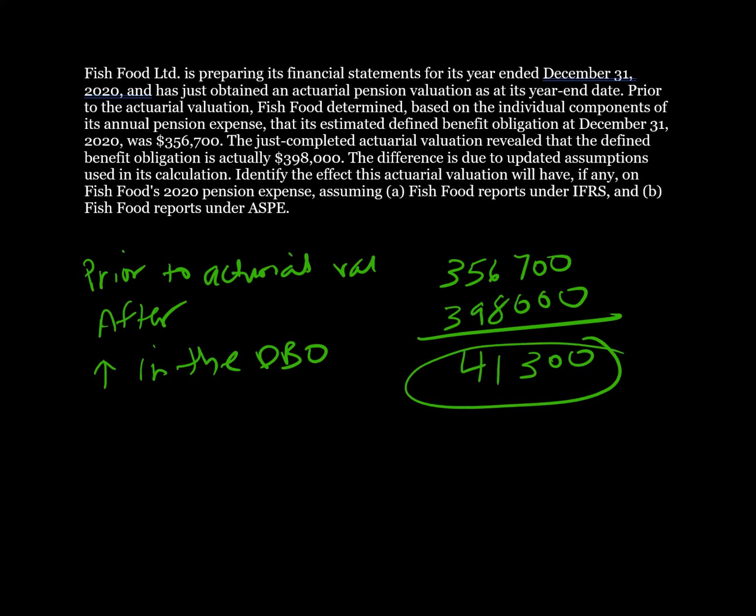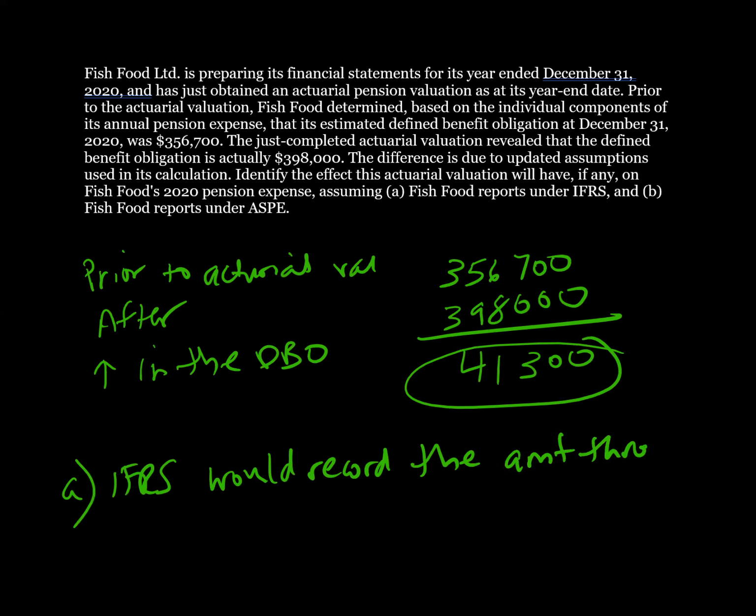Well, this change in assumptions under IFRS would record this amount as a remeasurement loss through OCI. IFRS would record the amount through OCI and the defined benefit obligation, the DBO.